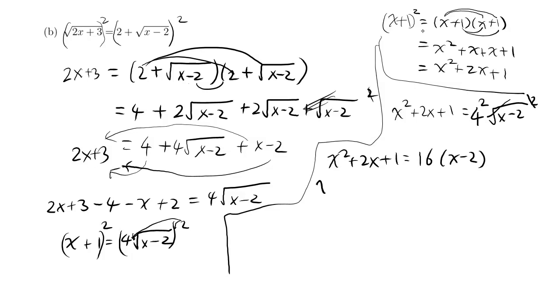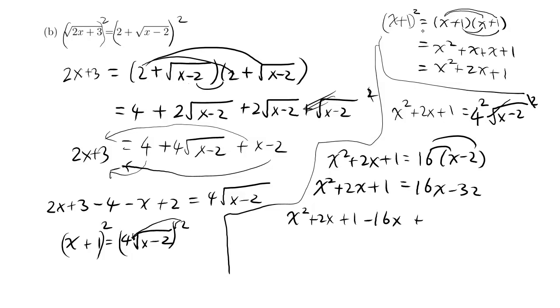Alright, you have x squared plus 2x plus 1 equals 16x minus 32. Move all the terms, so you have x squared plus 2x plus 1 minus 16x plus 32 equal to 0. 2x minus 16x, that's negative 14x. 1 plus 32, that's plus 33, equal to 0.